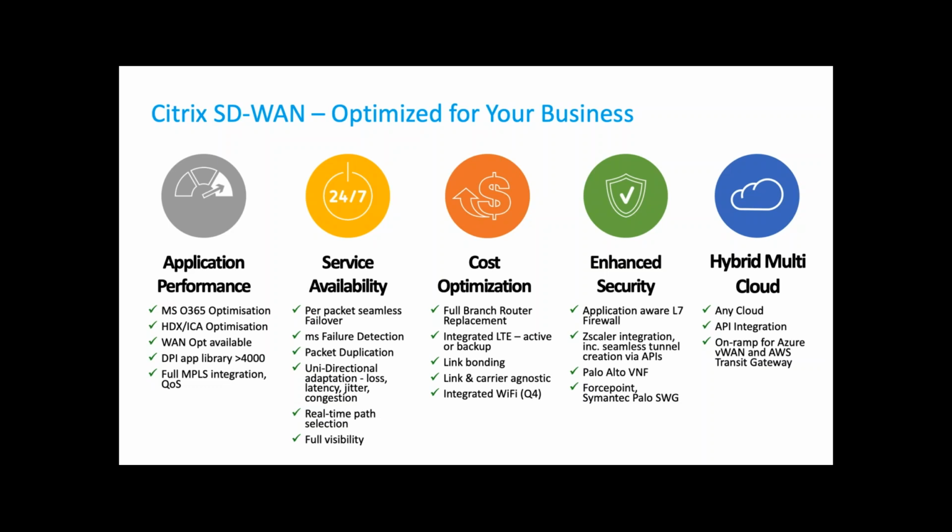Yeah, absolutely. So I kind of answered that a little bit with that question just before. But with internet breakout, it's something that we can utilize to avoid hairpinning. And when we say hairpinning, we mean going back from a branch site to the data center and out to the internet link. So we'll go across the MPLS and out to the internet. When we aggregate typically an MPLS link and an internet link, where the internet link obviously goes out to the internet, we can specify a portion of the traffic that we want to actually go out via that link.